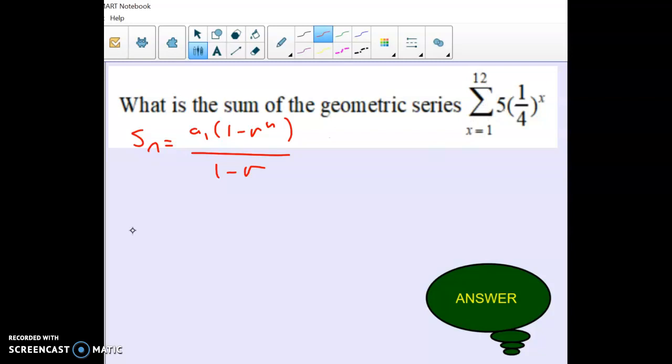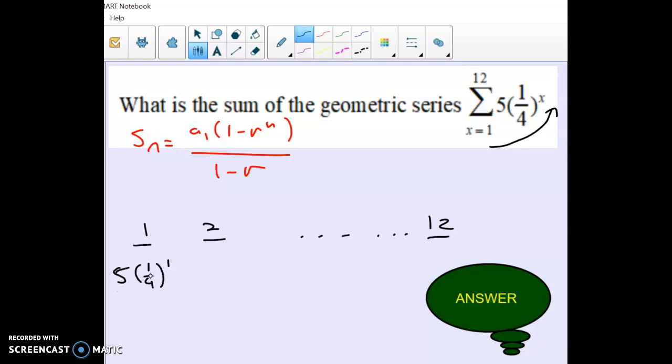And so technically, you can actually tell a1 and r and everything from this formula, but well, actually, it's a little bit hard here. So what I like to do is actually list out a little bit, right? Not that we have to do all 12 by any stretch of the imagination, but the first term would just be x of 1, so if we put 1 in right here. So the first term would be 5 times 1/4 once.